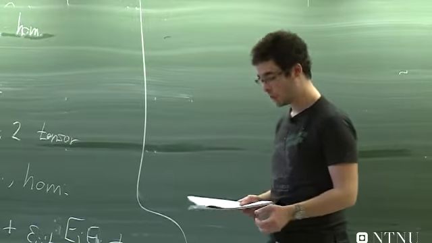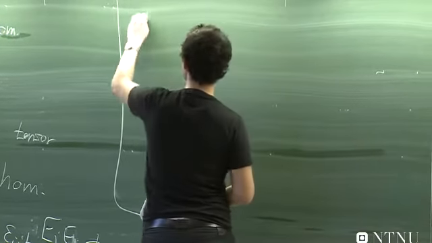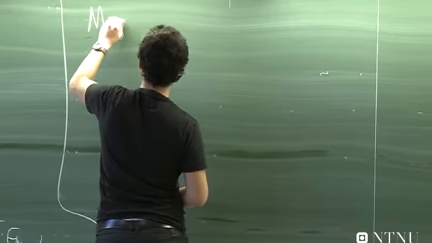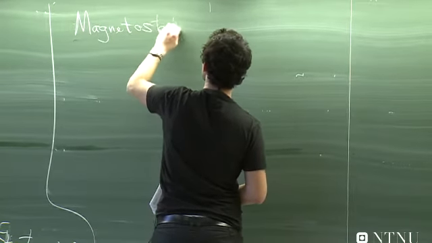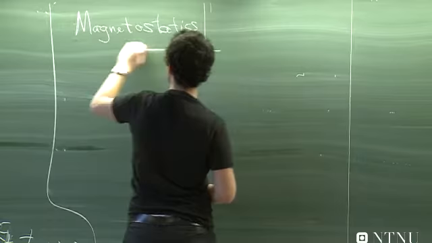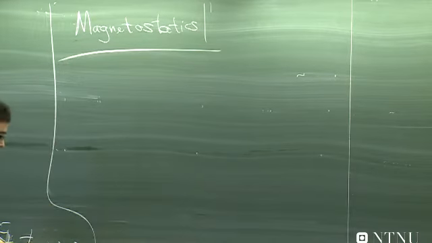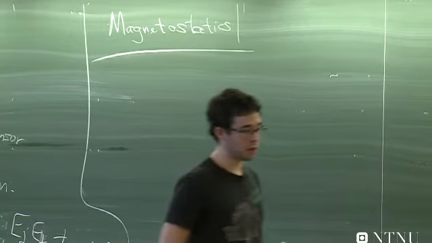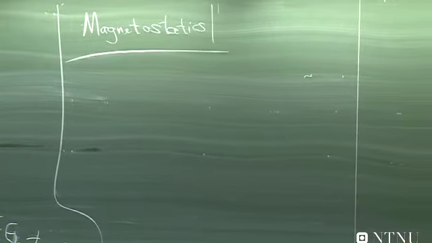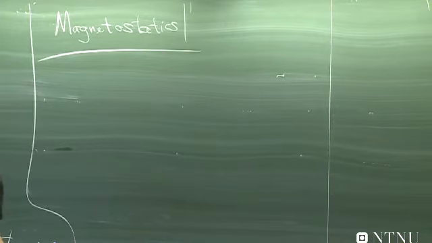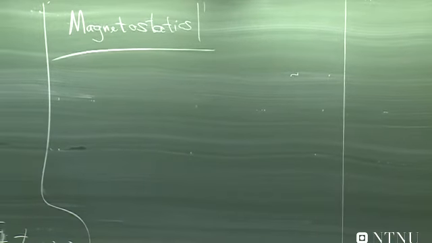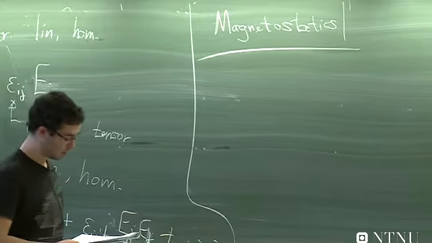No? Right, then next topic is magnetostatics. And we basically did the same thing as in electrostatics, except now we assume that there are no charges and that the currents have been running forever and that the currents don't move or change in time in any way.